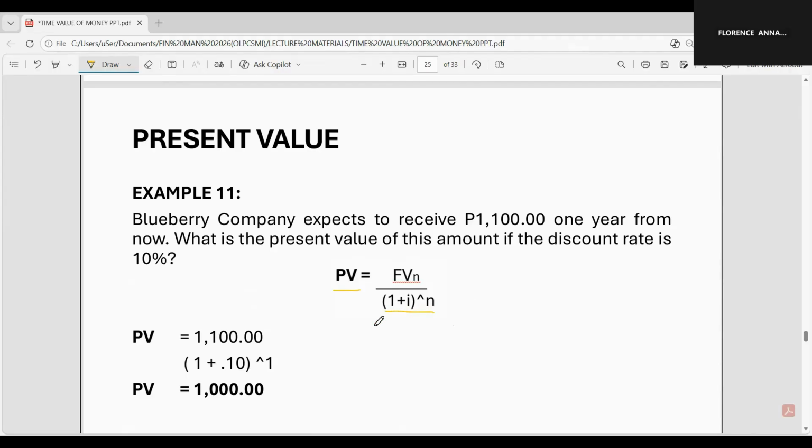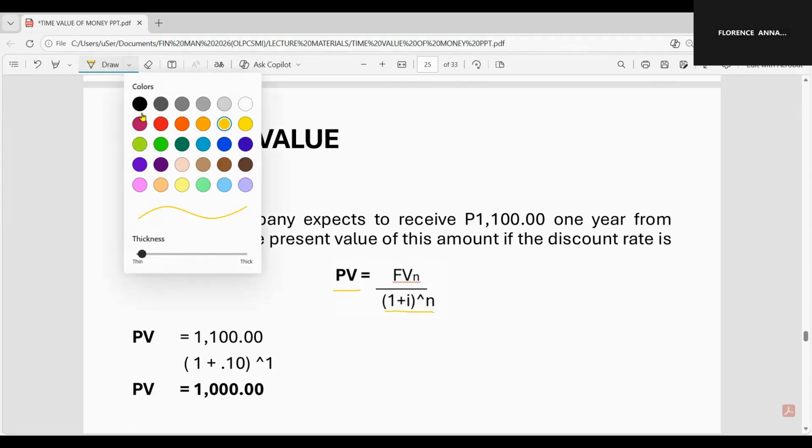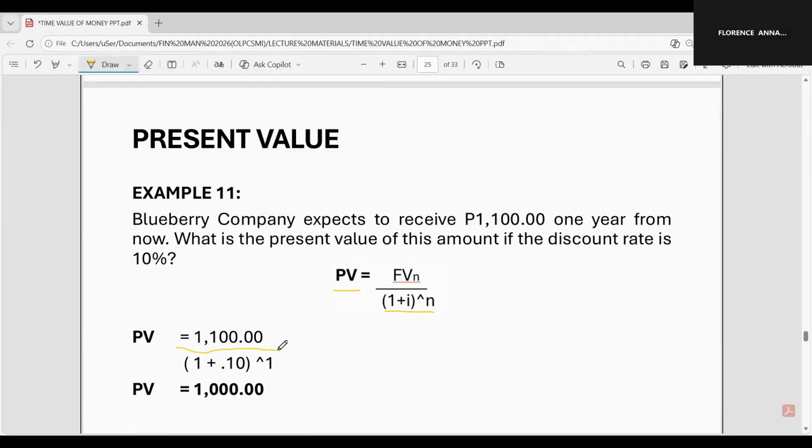So, let's just substitute. Your future value is 1,000 divided by 1 plus 0.10 na discount rate raised to 1 period because it's just 1 year from now. So, how much? 1.1 divided by 1.10, you get 1,000 pesos.